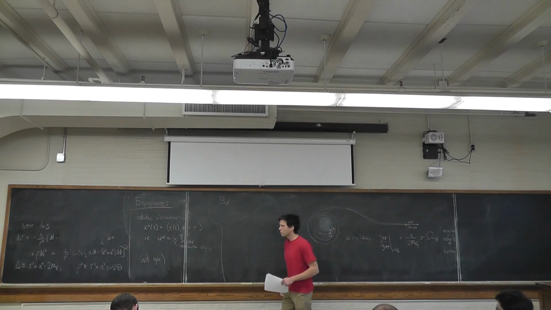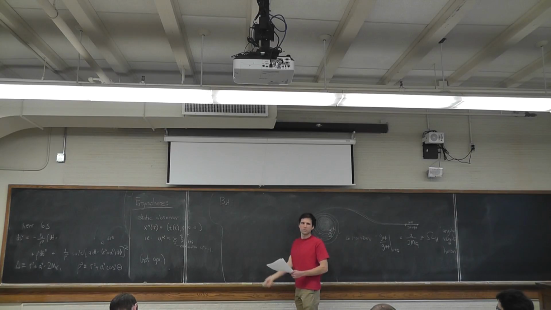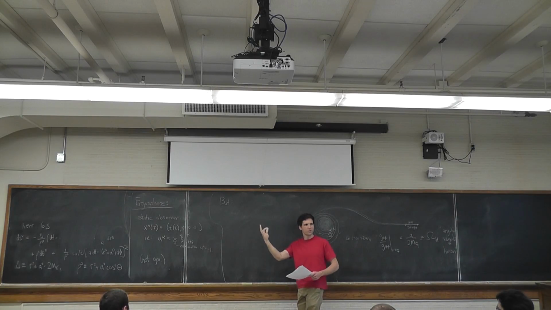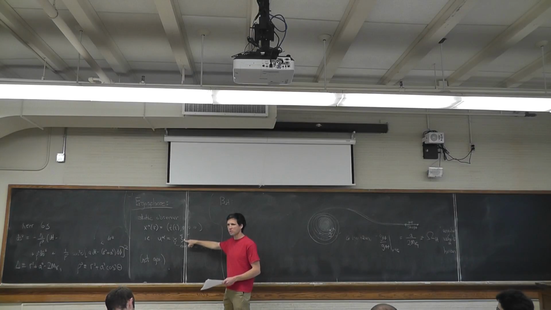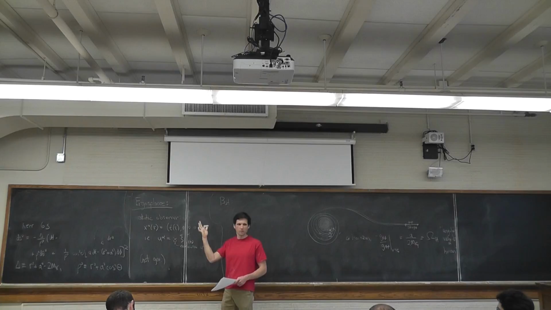But we better make sure we can't just choose any old four-vector as our four-velocity. People have to go forward in time. So we better check that this Killing vector, this four-velocity that we've chosen, is forward pointing.